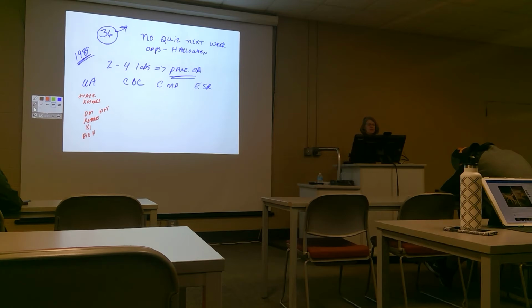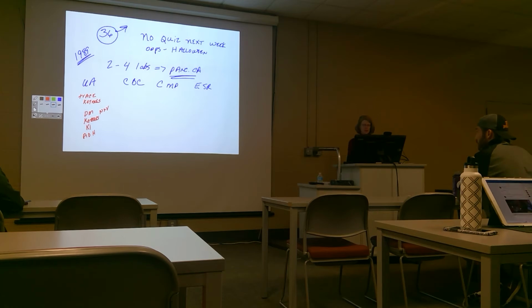Children tend to put ketones in their urine at pretty little provocation. They're pretty good at putting ketones out, with nausea, vomiting, stuff like that. Adults tend to have to work a little harder to put ketones out. Everything else was fine. His dipstick was fine, under the microscope was fine.